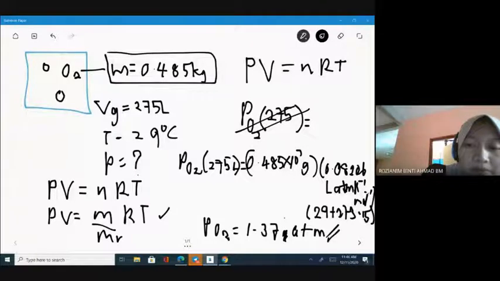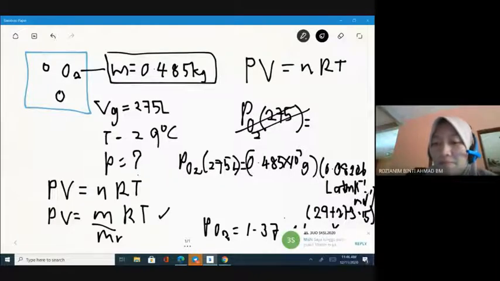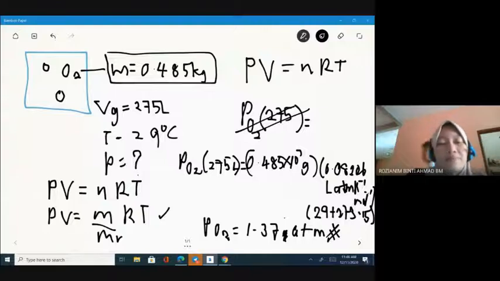Same or not? Is it the same answer? Anis, did you get the same answer, Anis? Still calculating. Okay, try calculating. Correct or not for the answer given for question number 1?